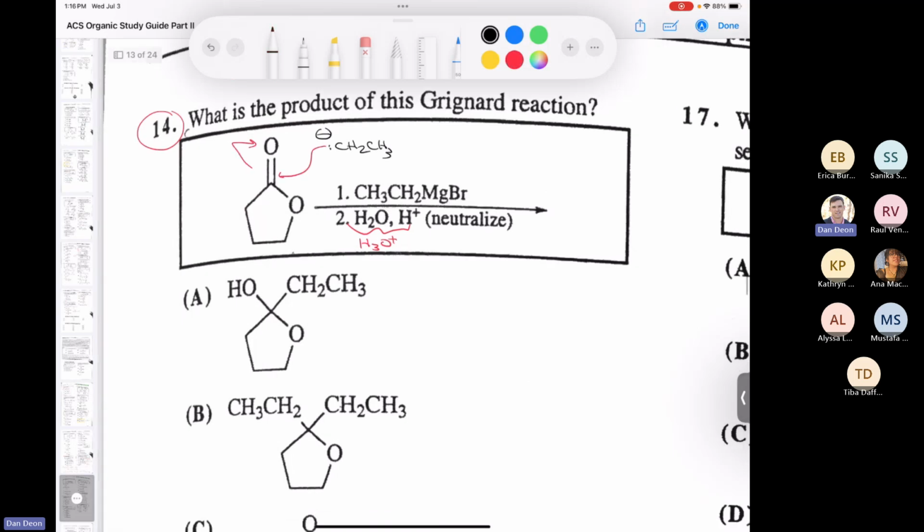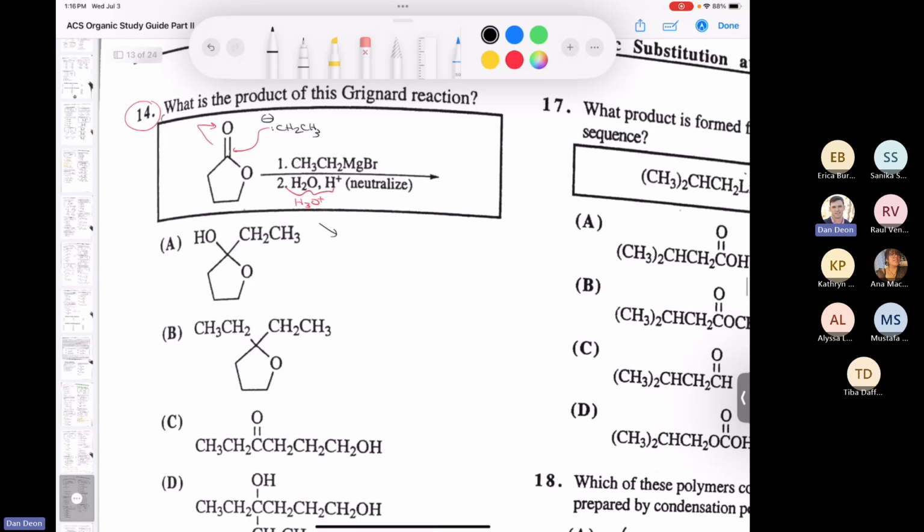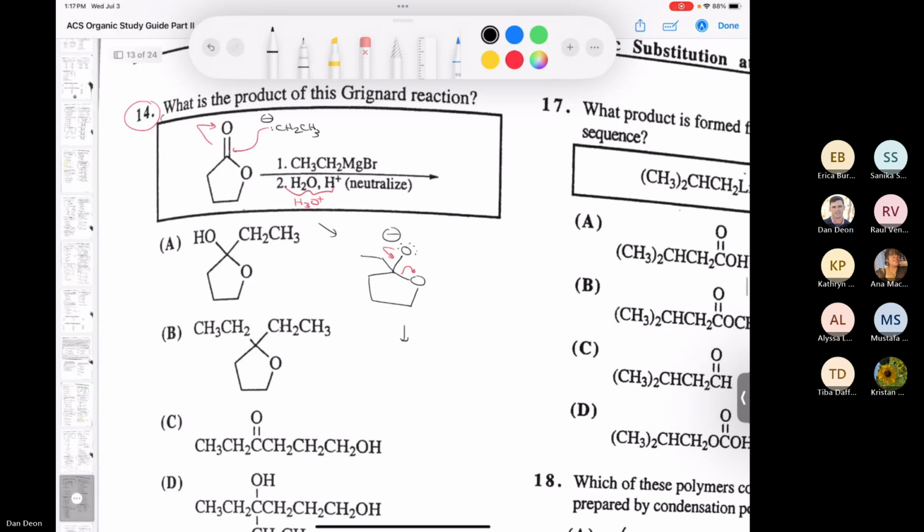And I'm not going to draw the whole mechanism. I don't have time for that. But if we just draw a partial mechanism, you're going to have your ethyl group. Then you have your alkoxide like this. But then that's going to open up like this, so that you end up with a total of 1, 2, 3, 4, 5, 6, 7.